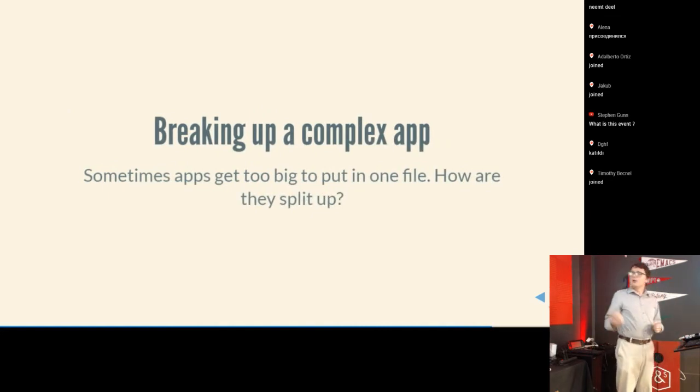So in the previous examples we saw, those were all single page apps, but they were all within a single file. How do you break up a complex app? Sometimes they get too big to put into one file, and you do it in different ways, but pretty similar between React Redux and Elm.